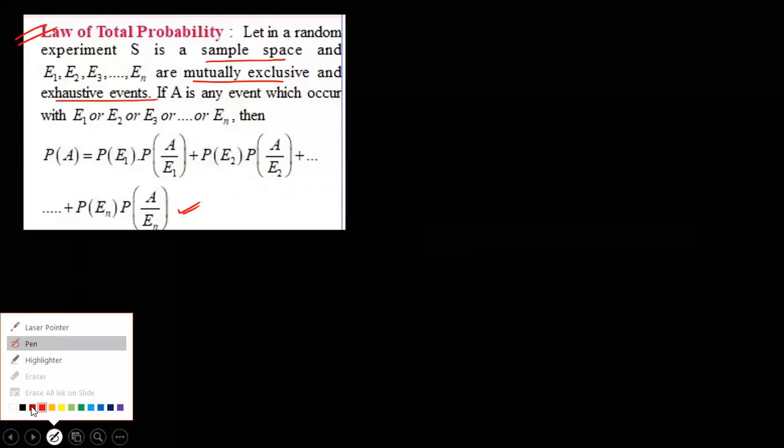Dear students, get ready and write down. This is also called the total probability theorem.